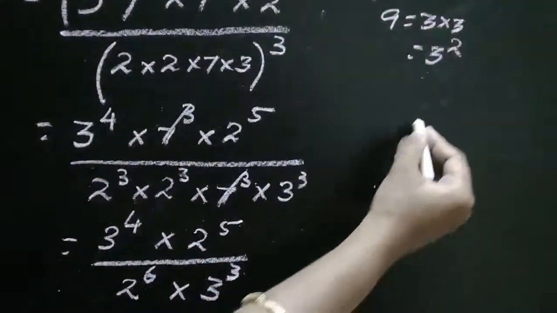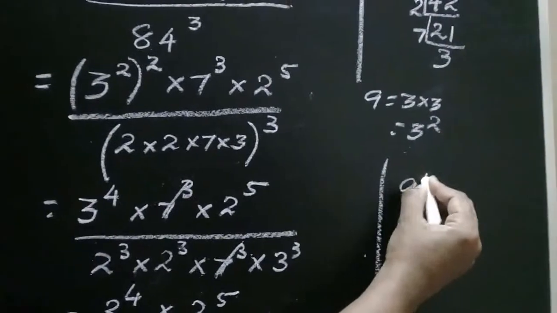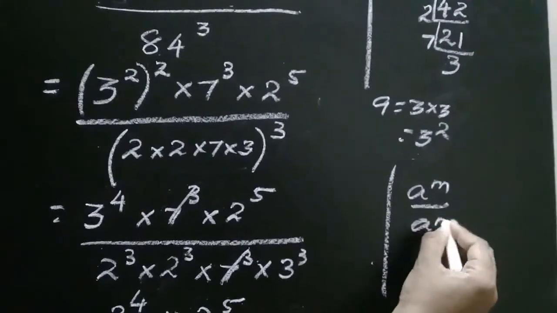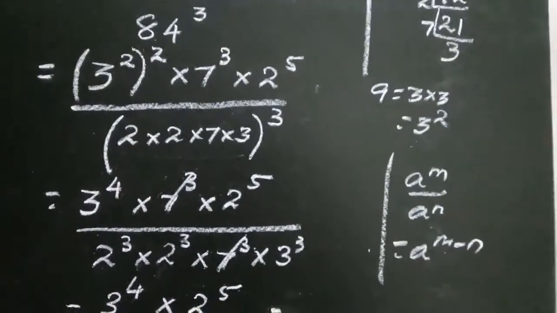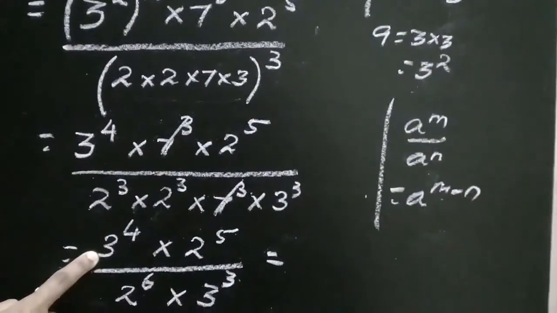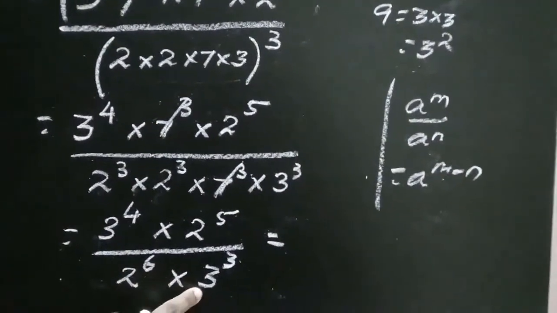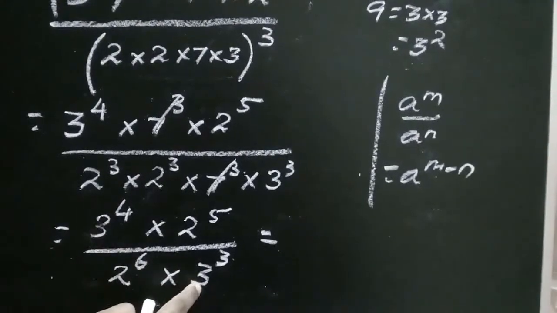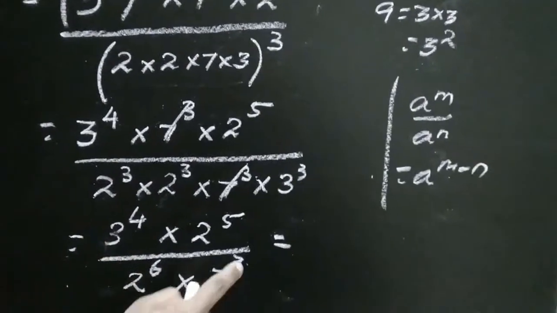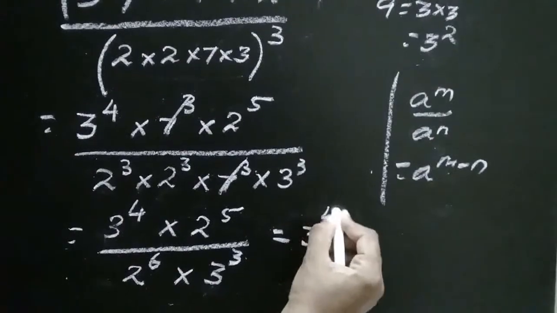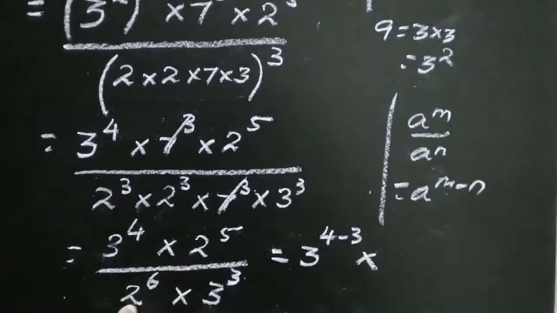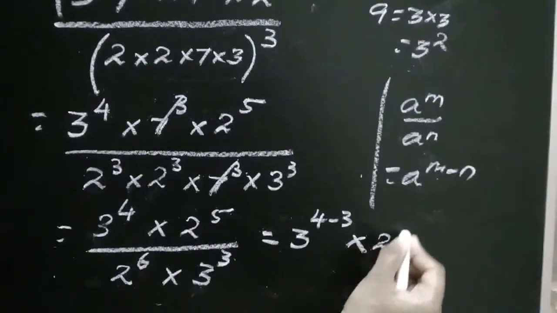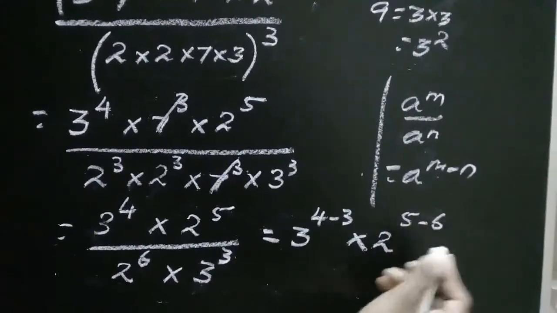So we know that division formula, a power m divided by a power n equal to a power m minus n. So here 3 power 4 divided by 3 power 3. First you have to combine the base 3. 3 power 4, 3 power 3. So 3 power 4 minus 3 into 2 power 5, 2 power 6, 2 power 5 minus 6.